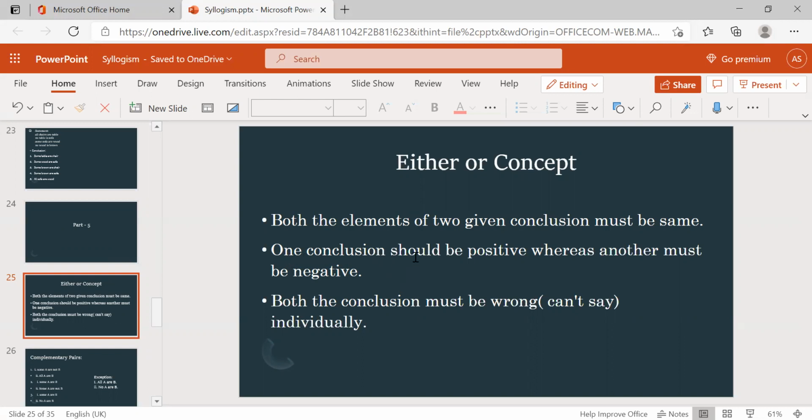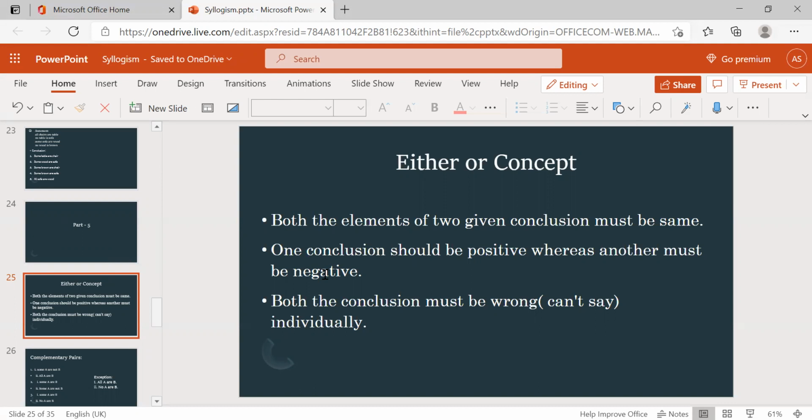Second, one conclusion should be positive, whereas the other must be negative. What is a positive statement? Some A are B is positive, and some A are not B is a negative one.